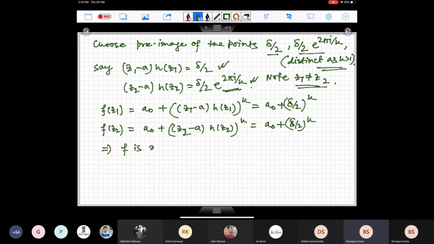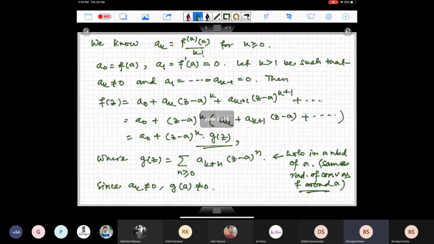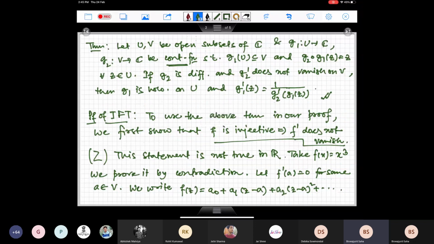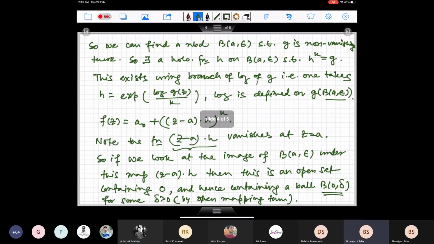Not injective. And what was the hypothesis? The hypothesis was f is injective. So therefore, I get a contradiction. And why did I get a contradiction? Because I started by assuming that f prime is equal to 0. Right? Yes, clear, sir.